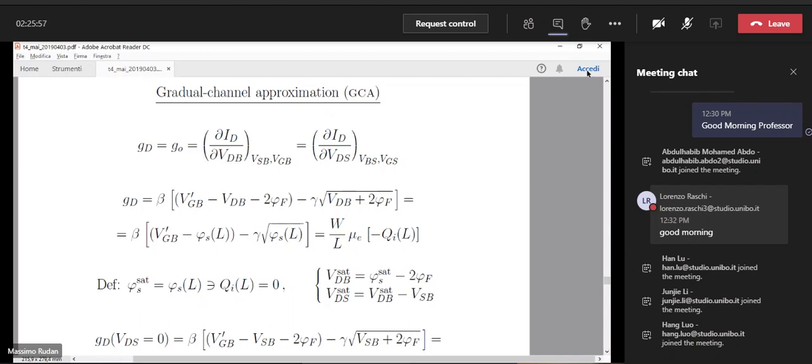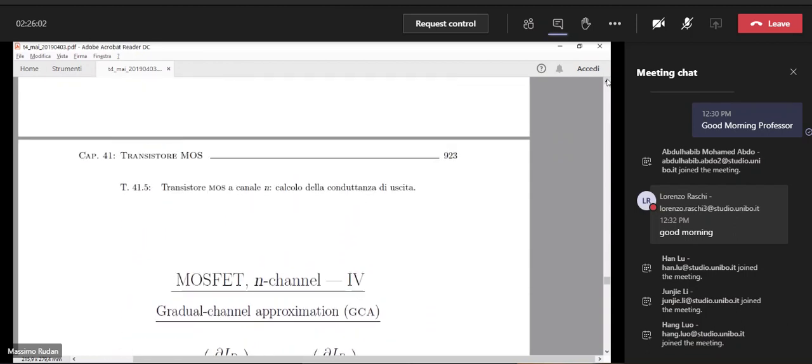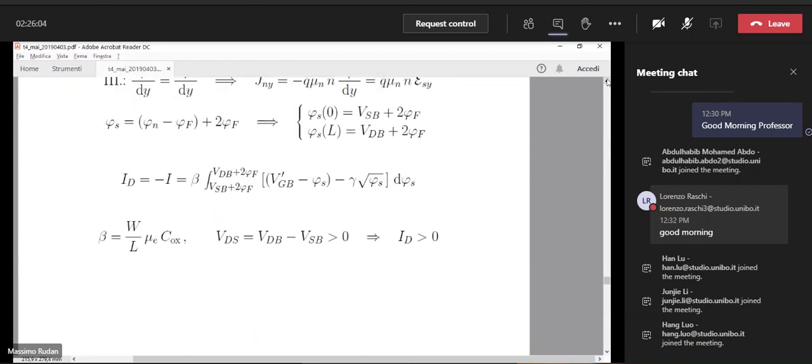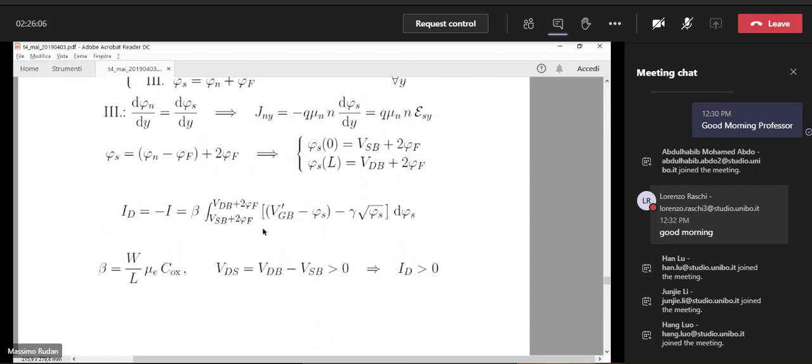Now, the point is that in order to calculate the drain conductance, we should first integrate to find the current, and then take the derivative with respect to VDB in order to find the conductance, okay?